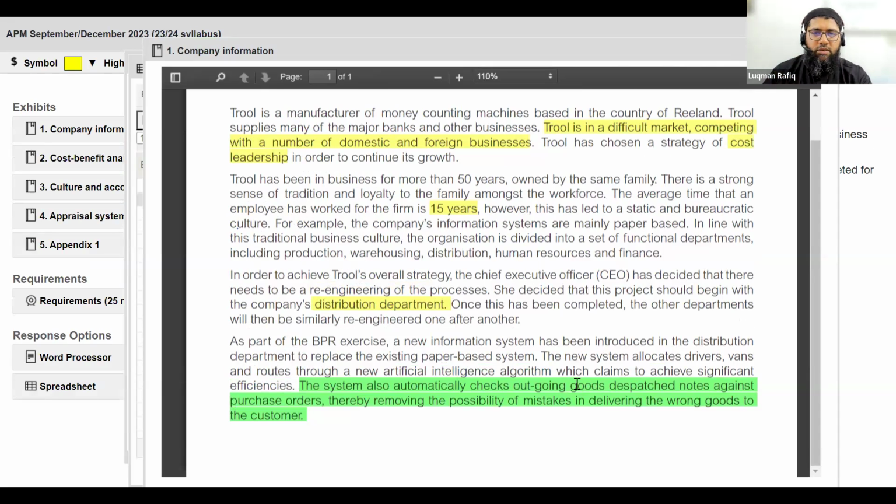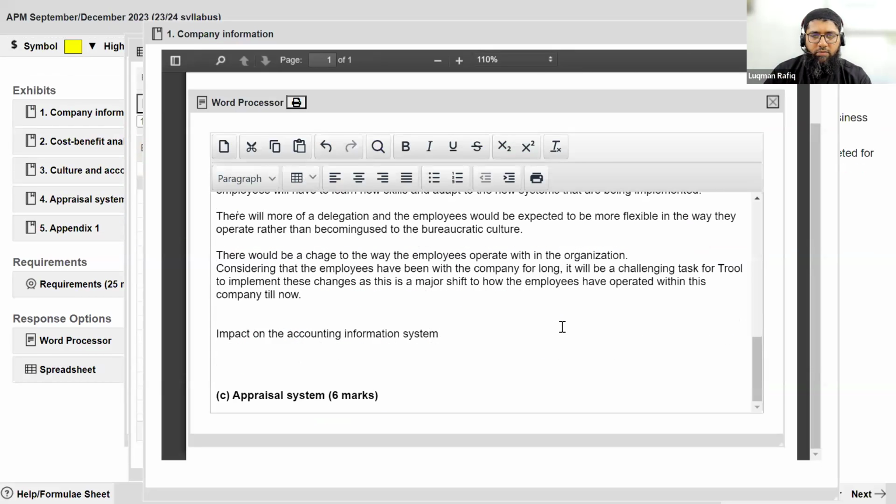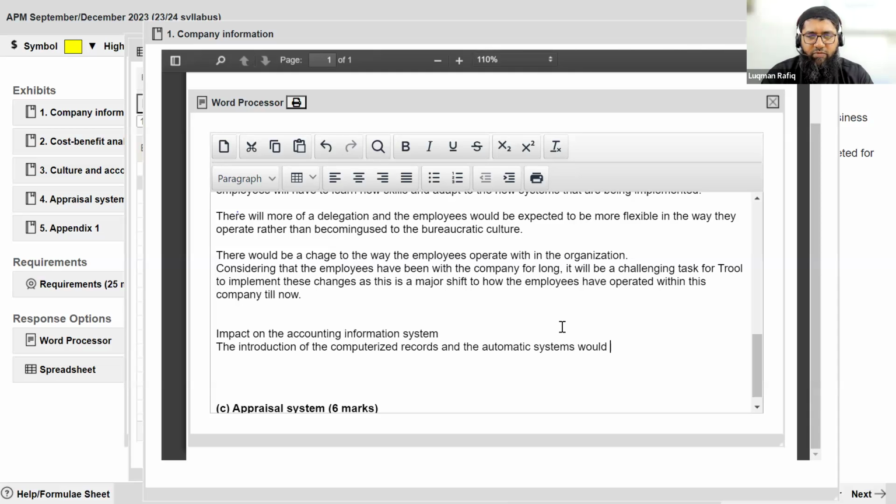Now, see, what is going to happen is that the introduction of the computer-based systems, the computerized records and the automatic systems, would change the way the information is presently recorded slash presented.